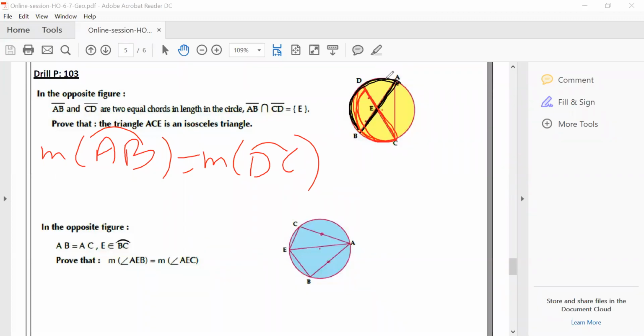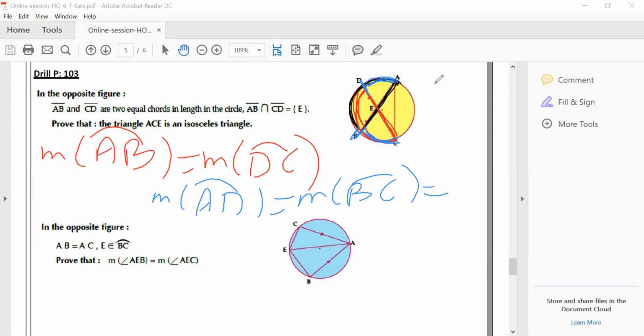As you see here, there is a common part from here to here between both of them. So if I subtract measure of arc DB, I get measure of arc AD equals measure of arc BC. This one and this one now are equal.